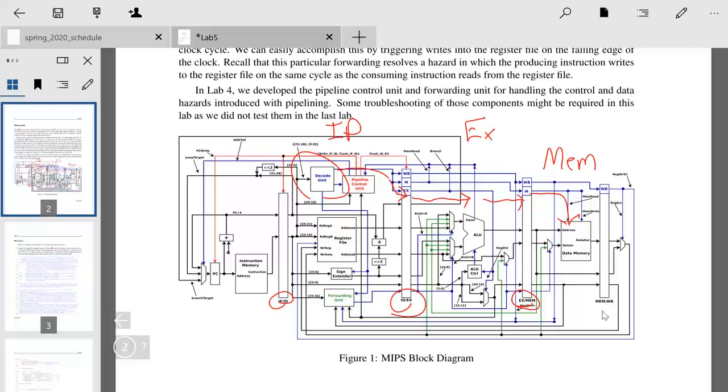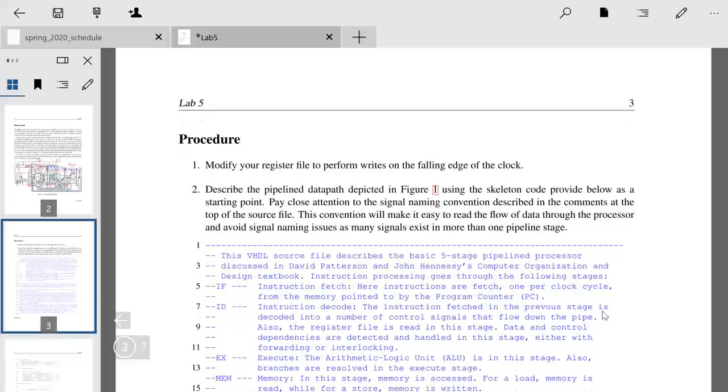So there are 3 different copies of this signal. It's not the same signal because it's separated by pipeline registers, but it's a signal with the same name. So in the EX stage, it would have the IDEX prefix. In the MEM stage, it would have the EX MEM prefix. Hopefully that makes some sense to you.